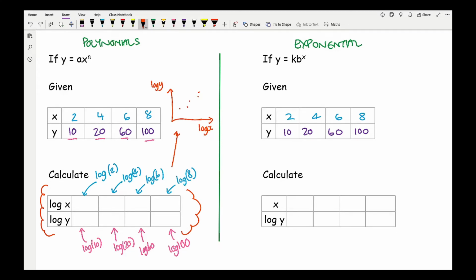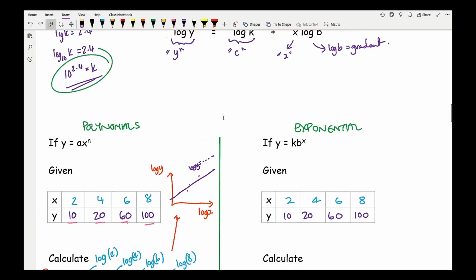Now the key thing to remember is that when you have converted these x y values into their log equivalents, your points may not necessarily form a perfect linear line. So you then need to draw a line of best fit, which would represent your log y equals whatever your interpretations are from our previous section.